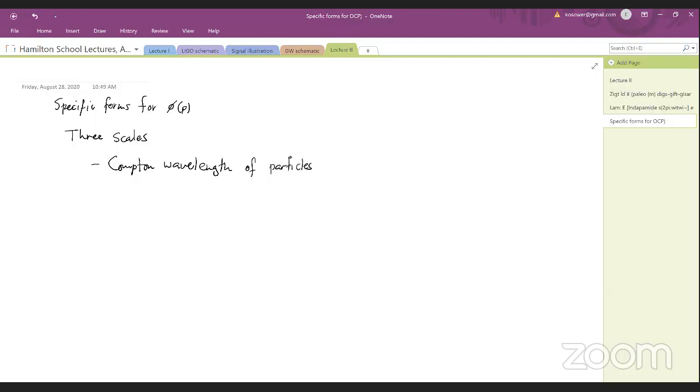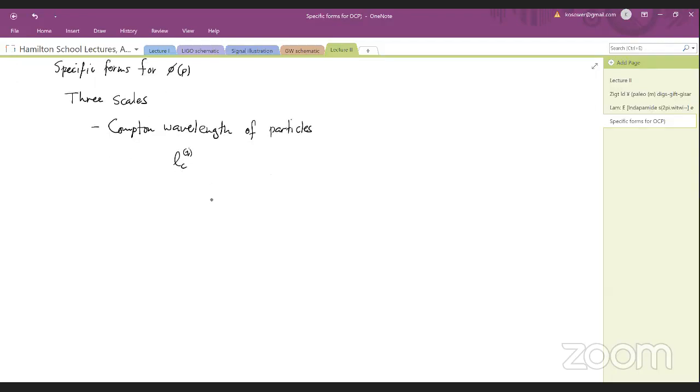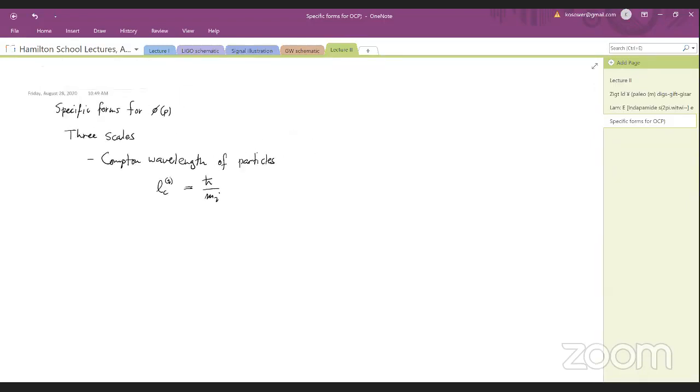Of course, in general, one would have two of them, and the arguments that I'm going to give would then have to apply to each of them independently. So that's h bar over m_i. And of course, to take the classical limit, we're going to try and take these Compton wavelengths to 0.